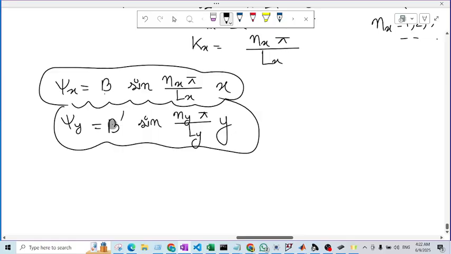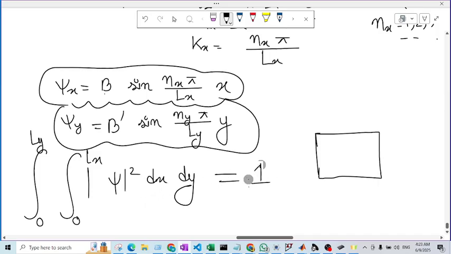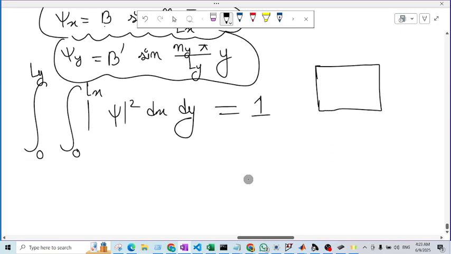I don't know what b and b prime are, and to find that I have to take psi square and take an integration of this square. First I will integrate from 0 to lx, and then I will integrate over y from 0 to ly, and if I integrate this thing I will get 1, right?